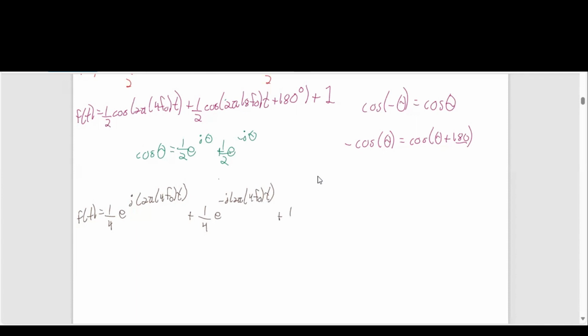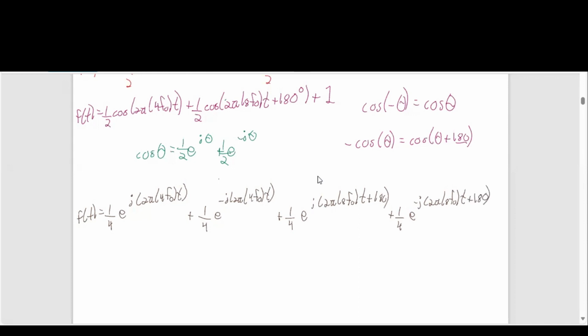Then second place is a quarter e to the j 2 pi 8 f naught t plus 180, and it'll be plus a quarter e to the minus j 2 pi 8 f naught t plus 180.